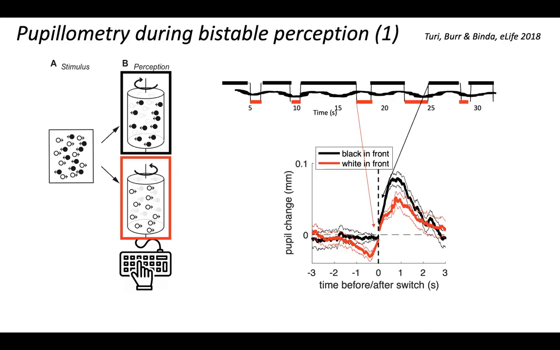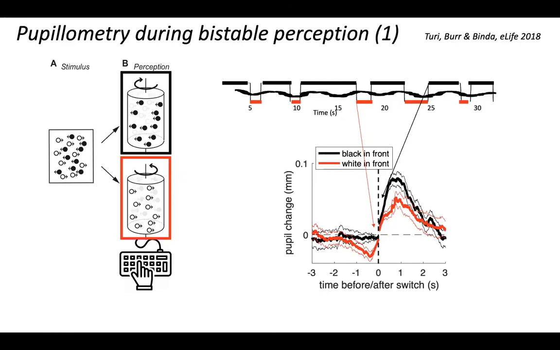And we, and many others, have very good evidence that this is indeed the case, that luminance is not the only driver of pupil light responses, but perception and attention also have an important contribution. So that's a basic finding. There is a modulation in pupil size.